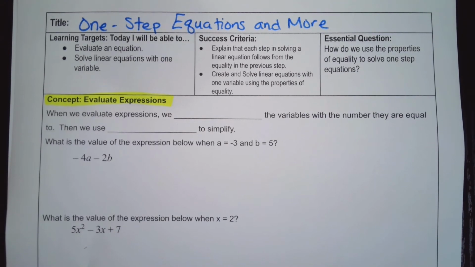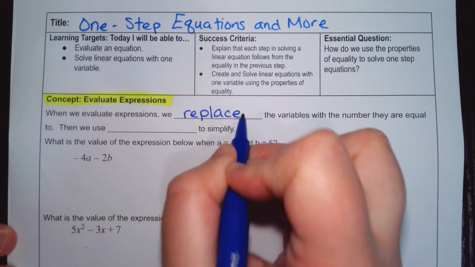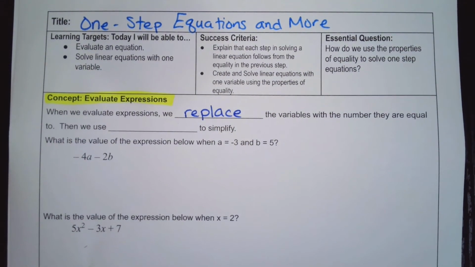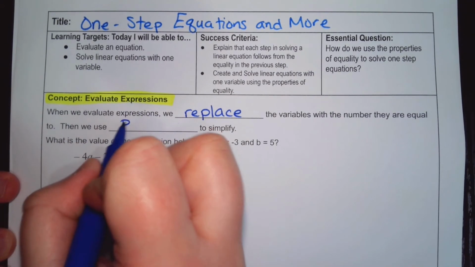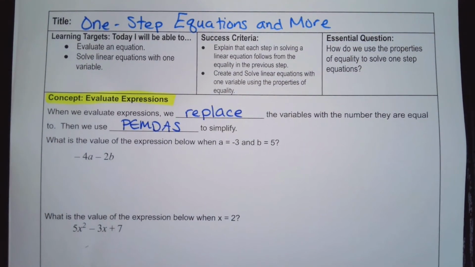So our first concept is evaluate expressions. So when we evaluate expressions, we replace the variables with the number they are equal to. Then we will use PEMDAS, also known as the order of operations, to simplify.